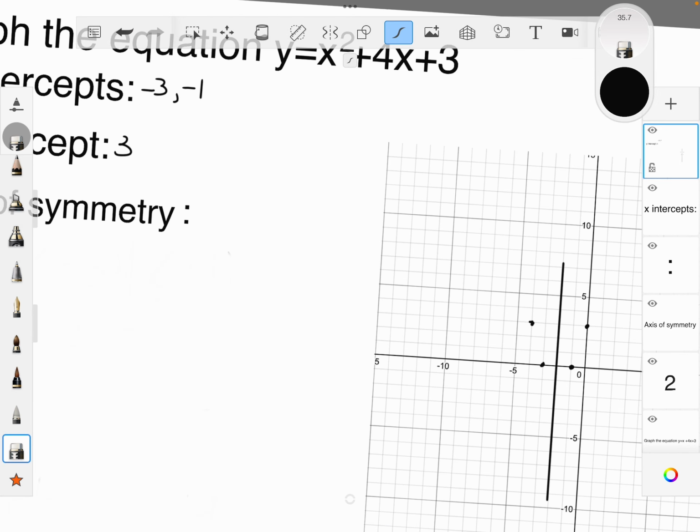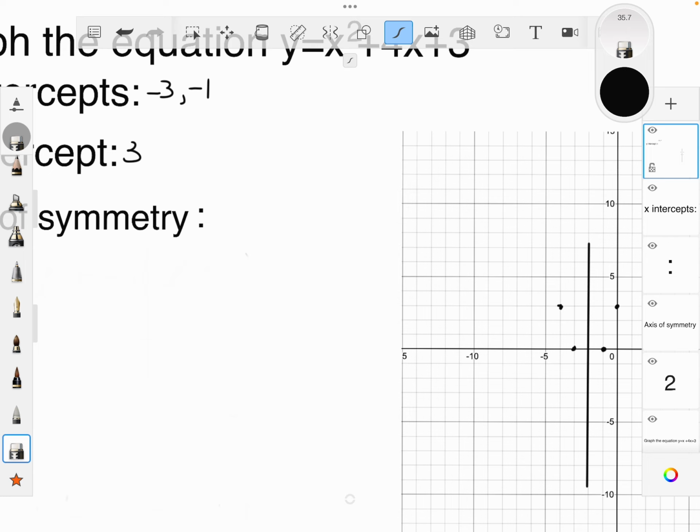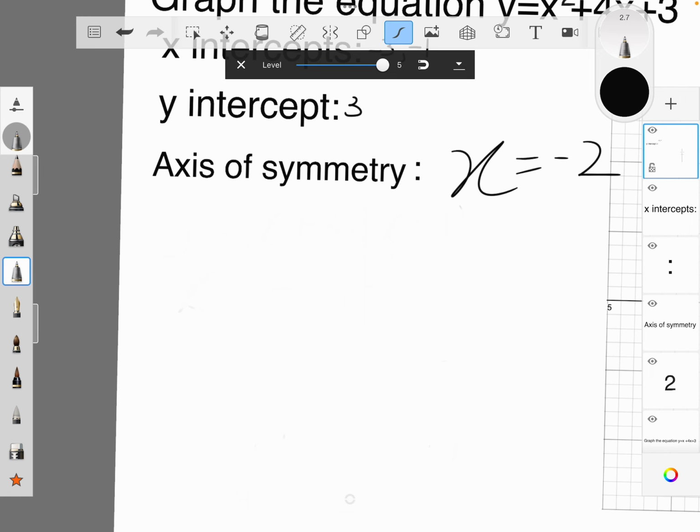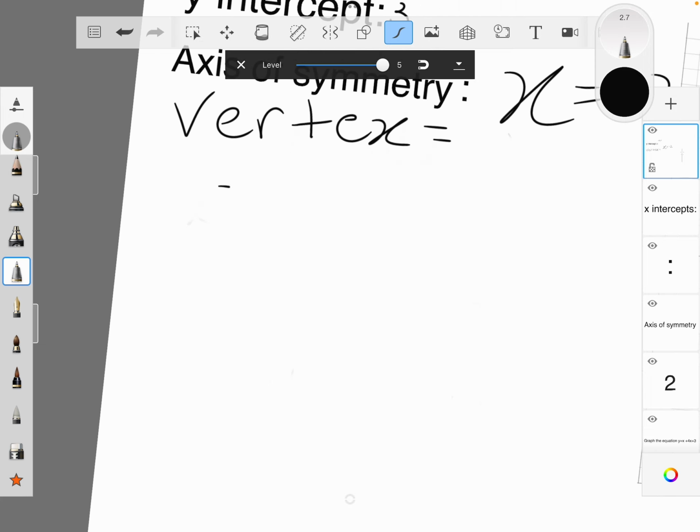Let me just write this down. x is equal to negative 2. Okay, that's the axis of symmetry. This is the vertex. Okay, now for the vertex, as I said before, it's just negative b over 2a.